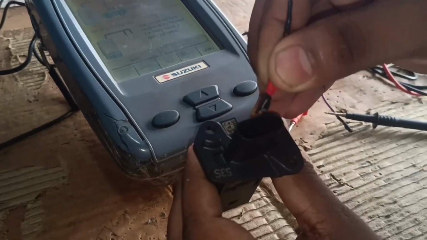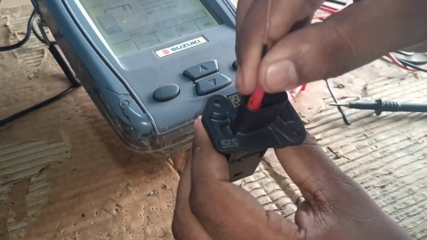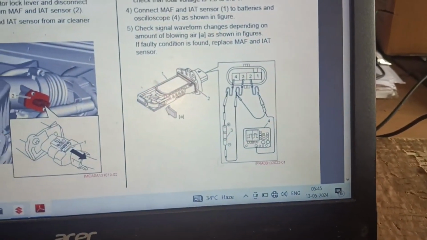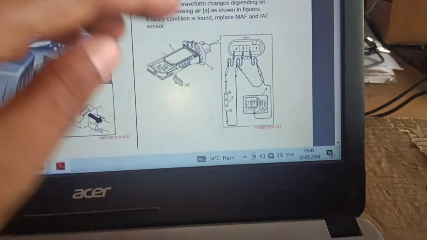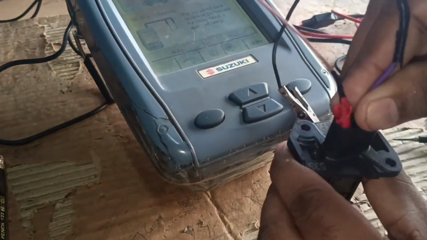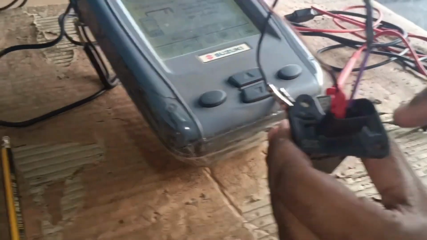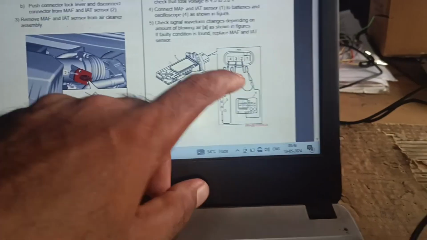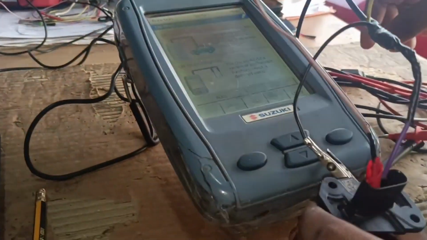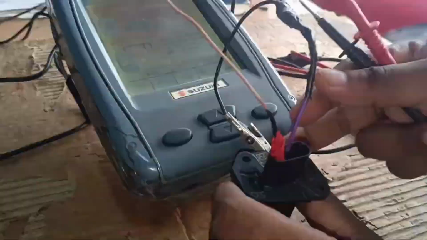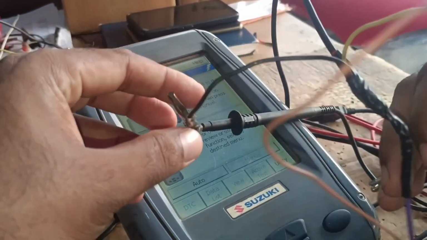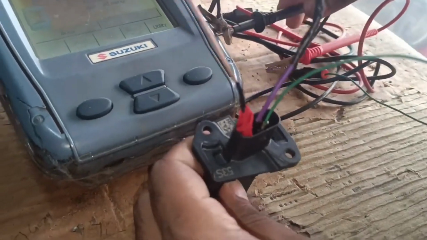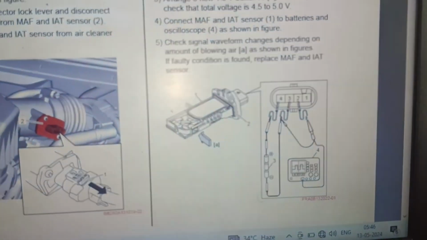First connect the additional power supply positive to pin number 4, then the additional power supply negative to pin number 3, then the oscilloscope positive probe to terminal number 2, and then the oscilloscope negative to the additional power supply negative. We connected all the pins to the MAF sensor.